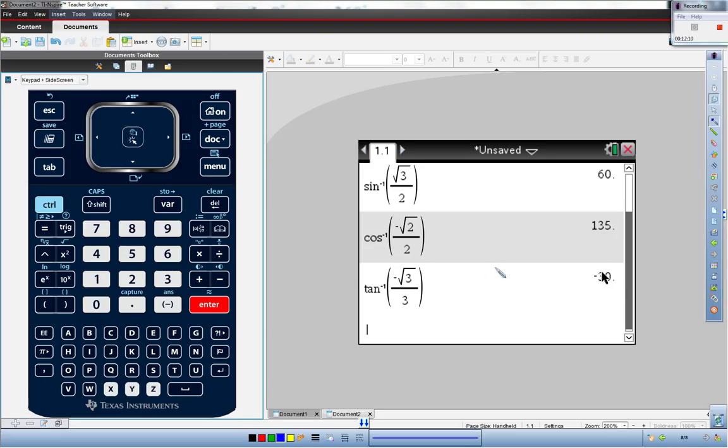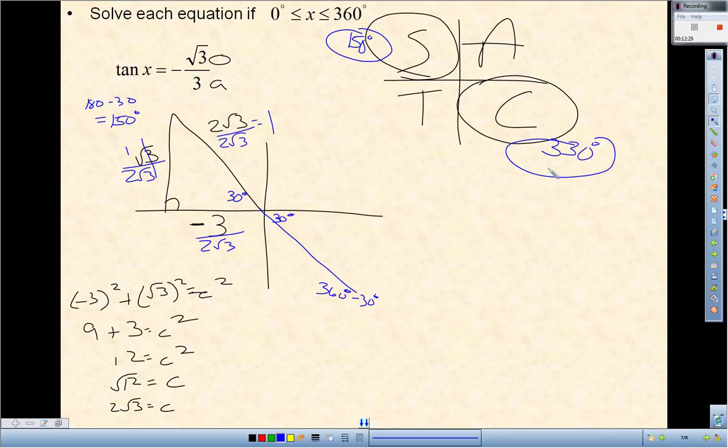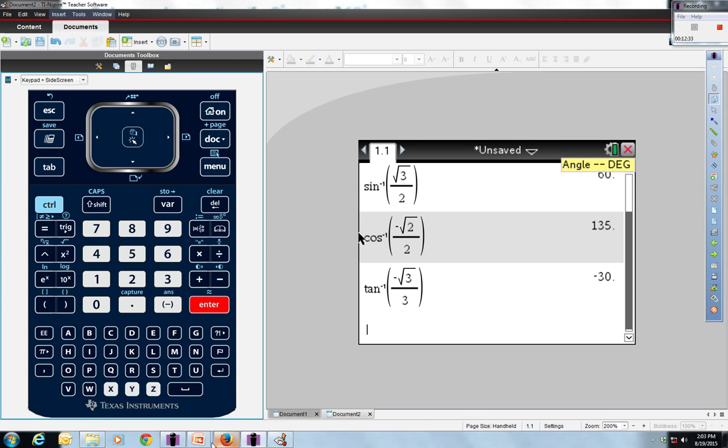But think about this for a second. Negative 30 degrees would be in the fourth quadrant, and if I wanted to find the coterminal angle of that, add 360, that would give me 330 degrees. So negative 30 degrees is the same thing as 330, and that is one of the answers that we found, and so we'd use that to find the other one. So it does still work out.